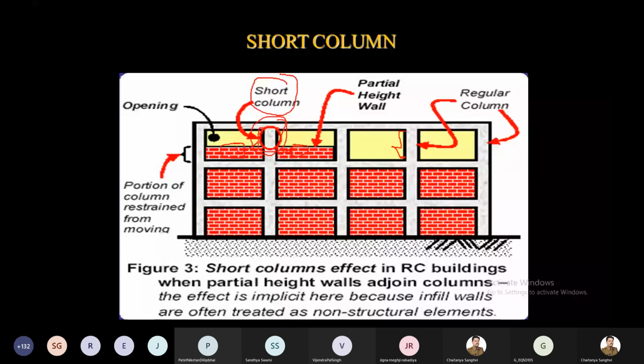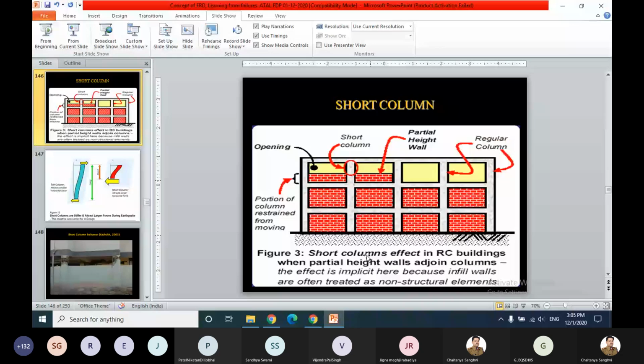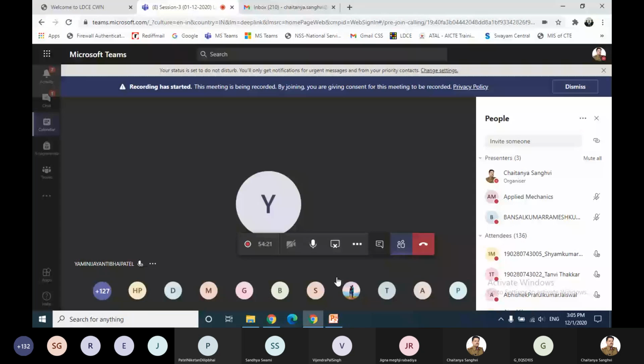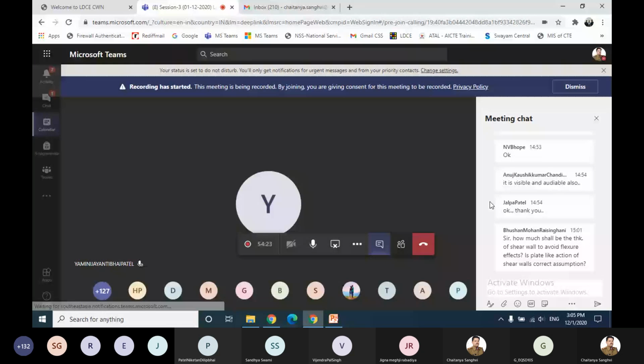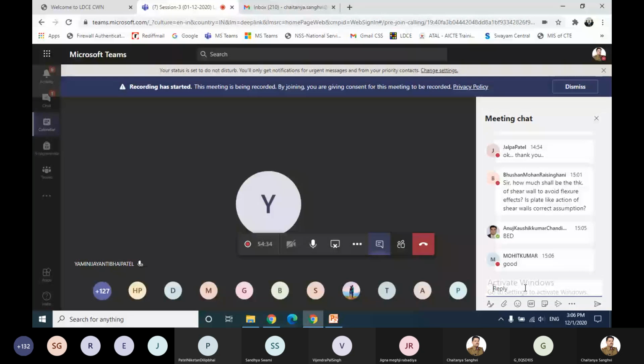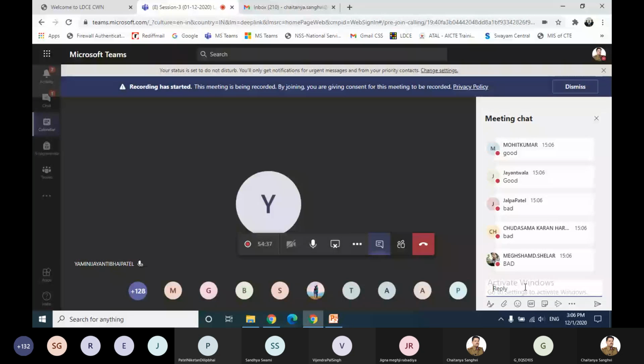Now, can anyone write in the chat box, is a short column good or bad? Please write in your chat box. Is it bad? Is it good? Bad, bad, bad.